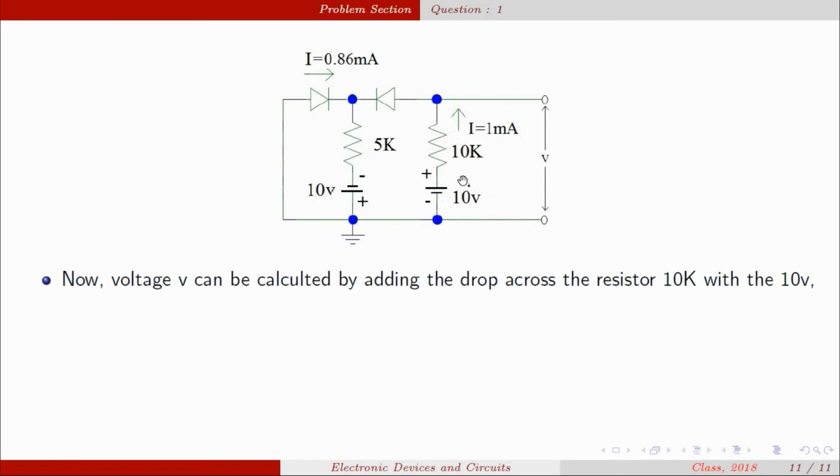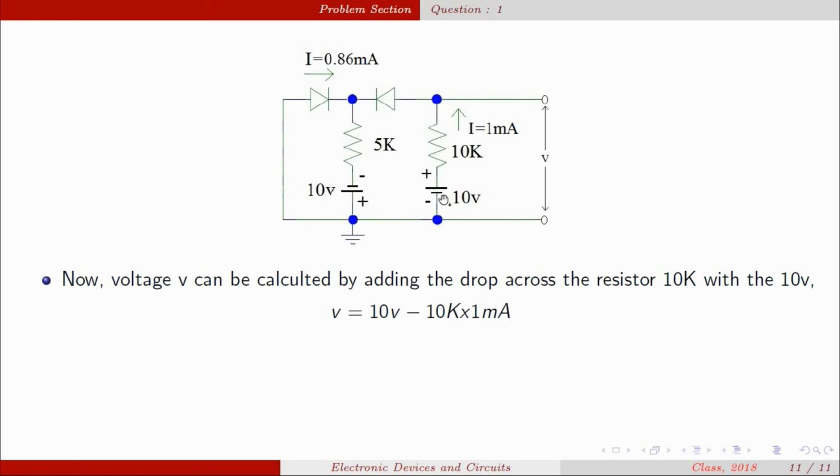We know that the value of current flowing through this resistor is 1 milliampere, and that the current is flowing from here to here. That means the polarity will be plus here and minus here, so the polarity of the source and the resistor are opposite.